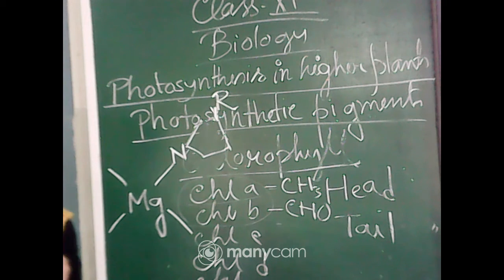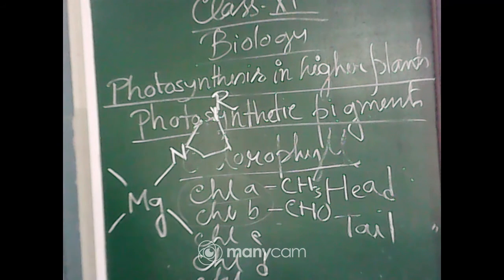That is the main difference between them. Chlorophyll A shows a bluish green color, and chlorophyll B shows olive green or yellowish green. In the chromatogram, chlorophyll A will show bright blue green, and chlorophyll B will show yellow green.